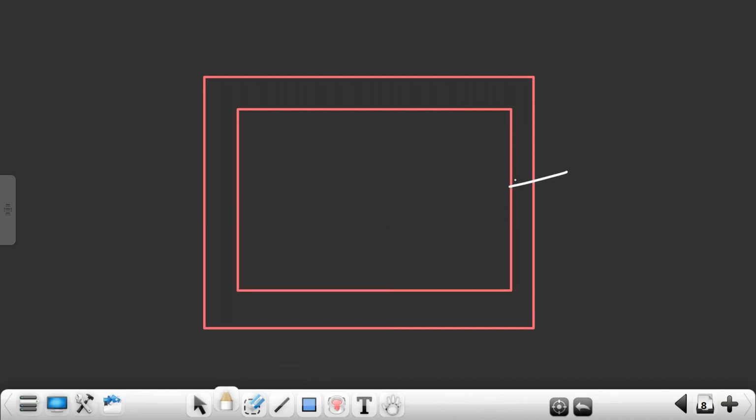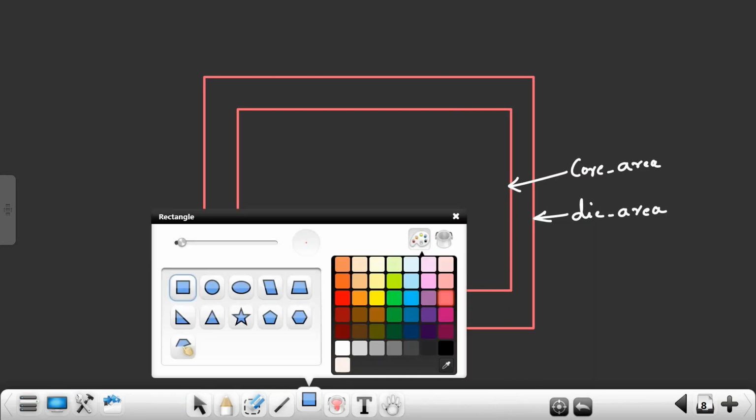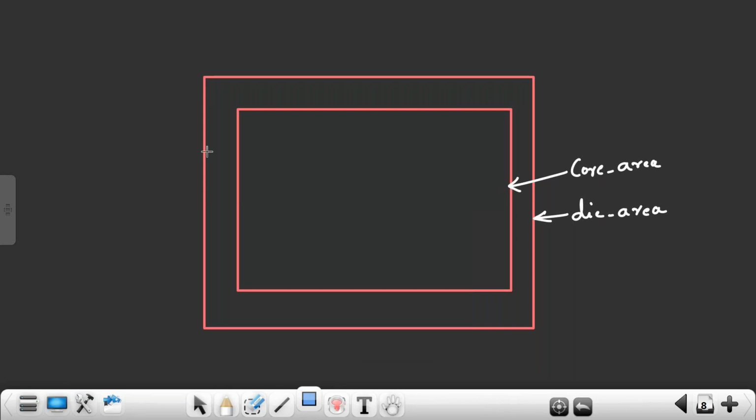This is the core area, and this is the die area. So create the core area and die area. In between the core area and die area, we are going to place the inputs and outputs of a block, which are called ports. Ports are nothing but the inputs and outputs of a block. Place these inputs and outputs.